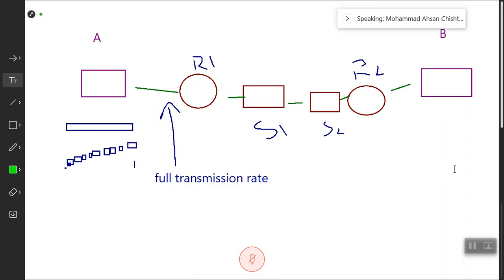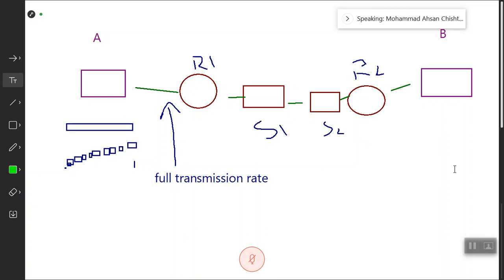Now that comes to another point. You broke the message, you send it through this full transmission rate. The difference here would be, if your link is available, you would get a chance.